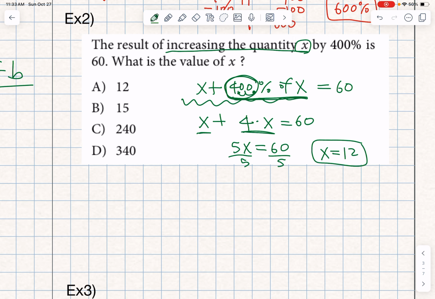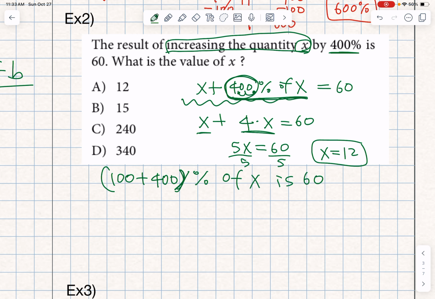Or as I told you, if it is more than or increasing, then you can automatically change it as a percent. You add 100 plus 400% of x is 60. You can change it this way. Now this becomes 500% of x is 60.